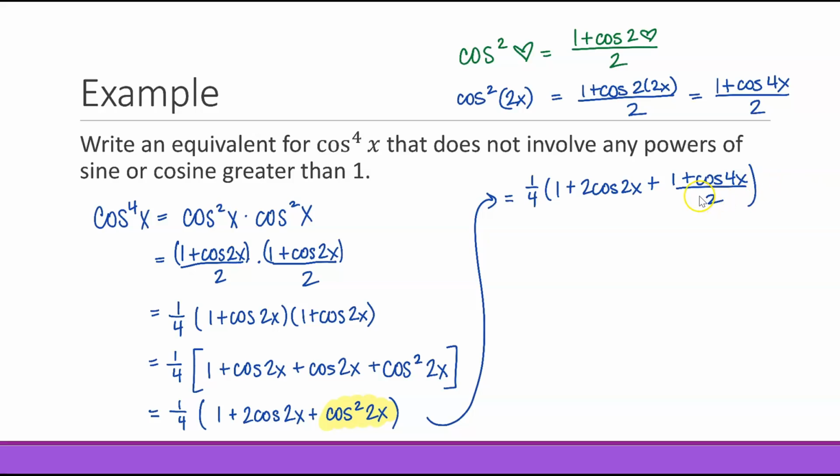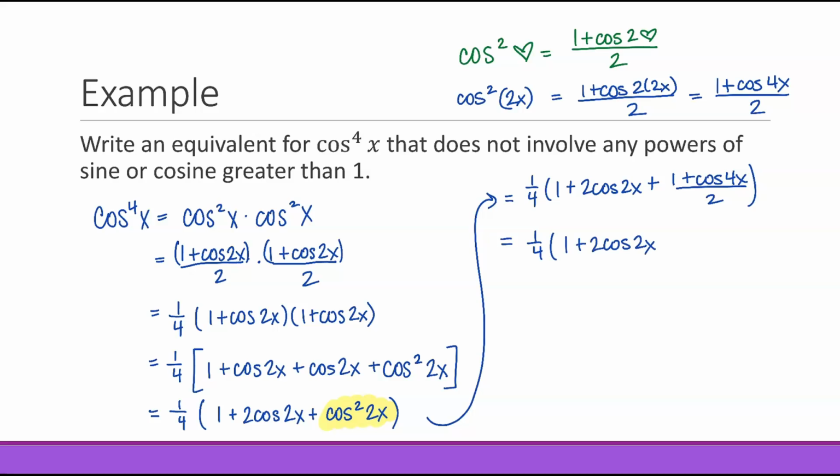Okay, so now from here we're just going to do some simplifying because we do have all powers of sine or cosine that are to the first. There's nothing higher than a sine or cosine to the first power here. So now it's just a matter of cleaning it up. We have 1/4, we have 1 plus 2 cosine 2x.